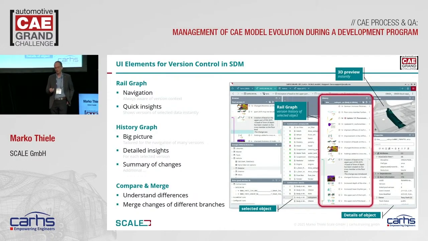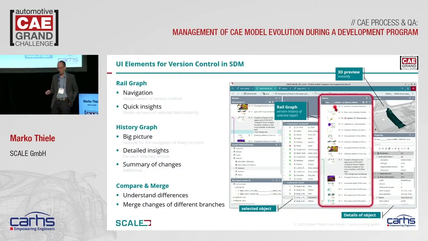In our vision, or at least in my vision, it's very important that you support the users of an SDM system with powerful tools to actually navigate all these versions. So we have different means for that. For example, we have something that we call Railgraph. You saw that also in one slide of Mr. John in his GitLab repository, and actually we have the idea from that.